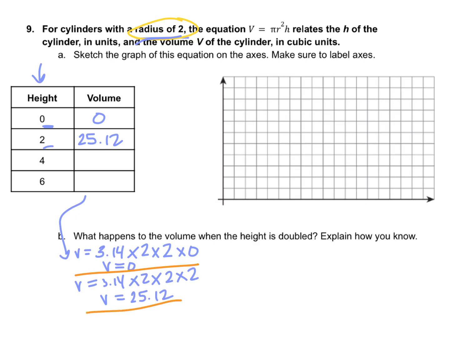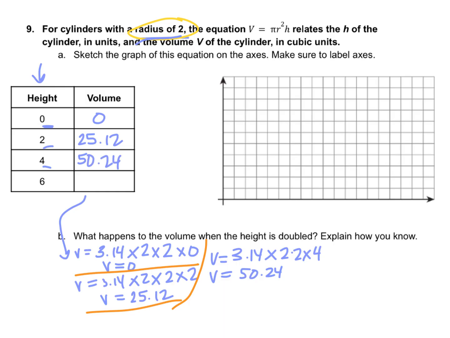Okay, now I'm going to continue, and this time the height is 4. So V equals 3.14 times 2 times 2, because the radius is always 2, but now my height is 4. And that gives me 50.24.